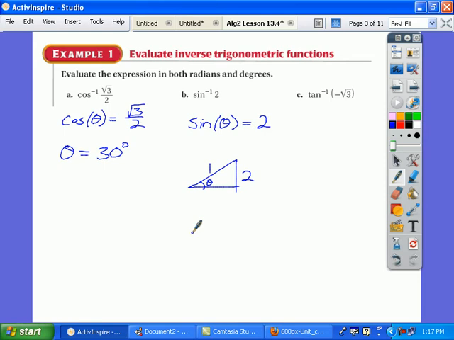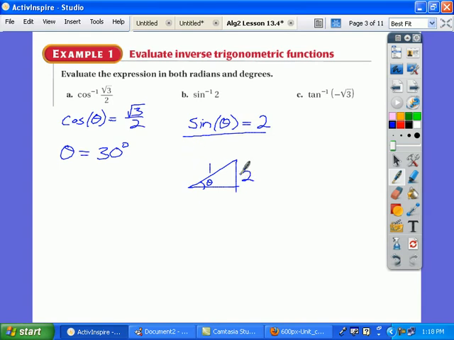So there is no angle that will ever make this true. And that's why sine has to be between -1 and 1. Because if sine were bigger than 1, I would get this setup where the side length was bigger than the hypotenuse.